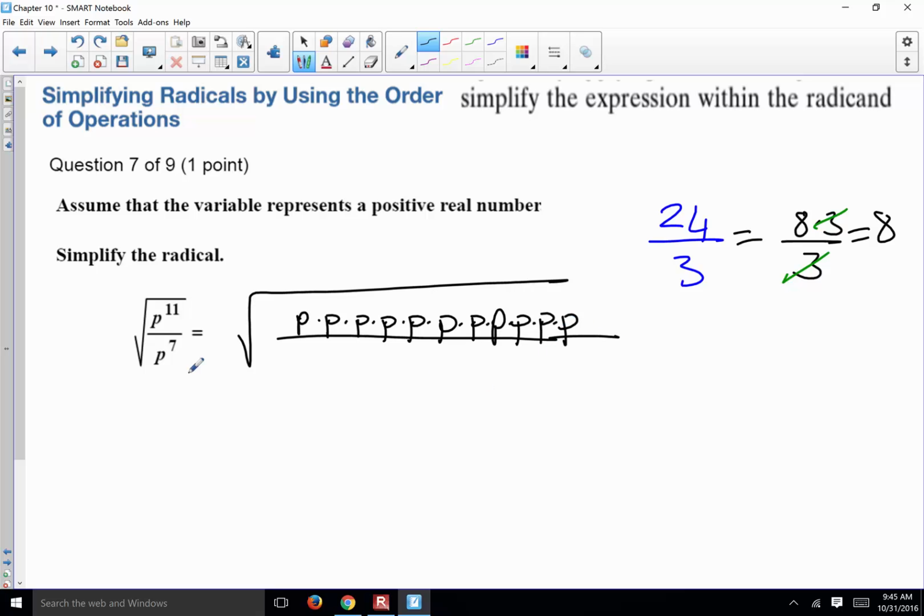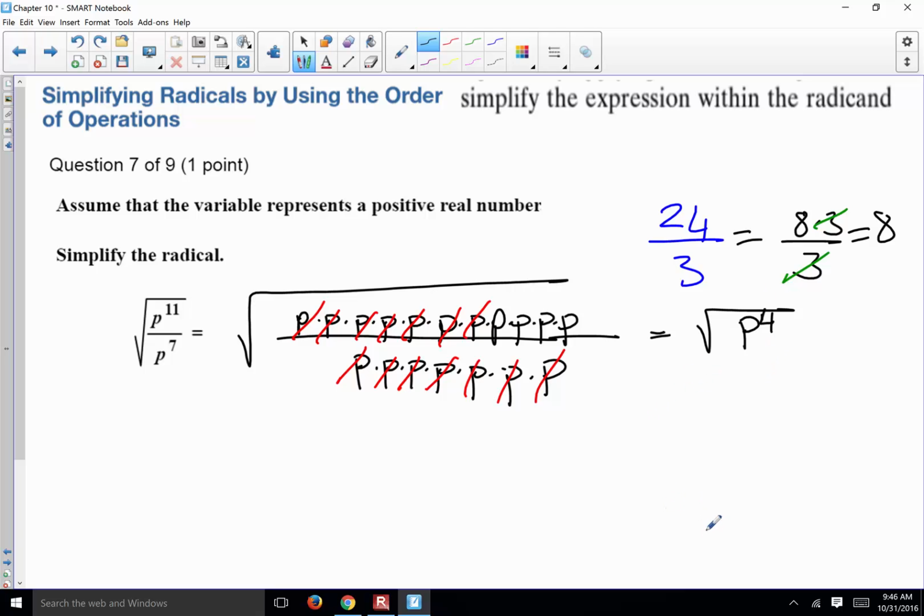And how many p's do you have on the bottom? 7. Kill each one by one. How many left on the top? I ran out from the bottom. It's 4. That's how I do division of powers the primitive, long, tedious way.